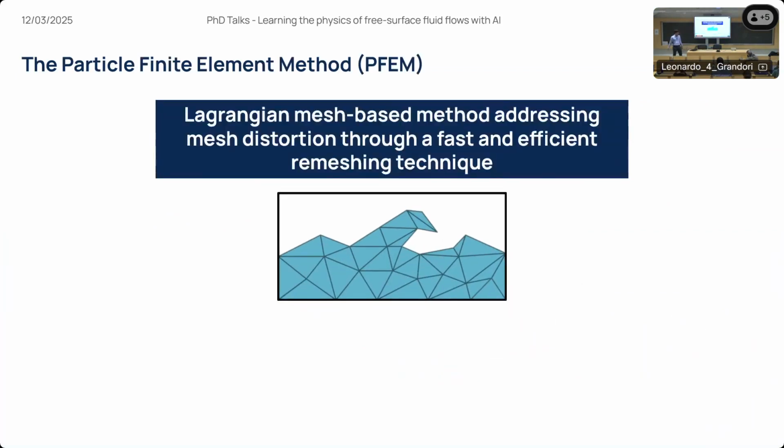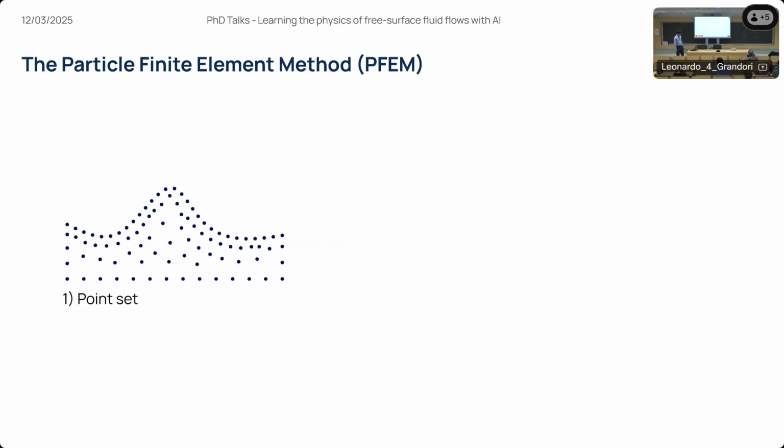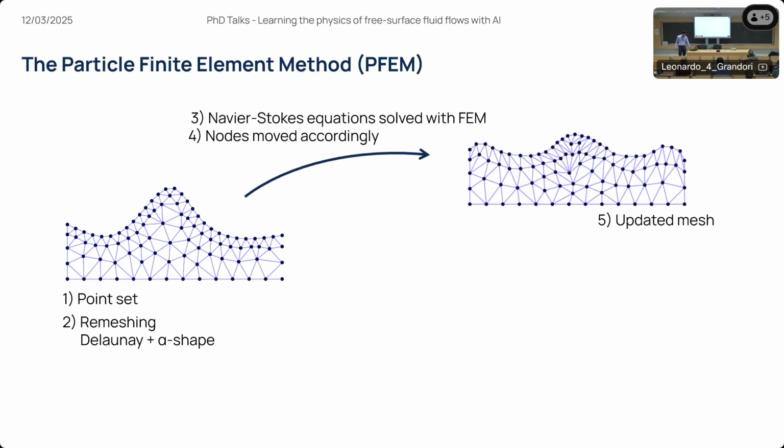Our research group focuses on a Lagrangian mesh-based method that accounts for the challenges about the mesh with an efficient remeshing technique. Basically, we discretize the domain as in particle methods with a set of particles, and we create on top of those particles a mesh with this remeshing technique.